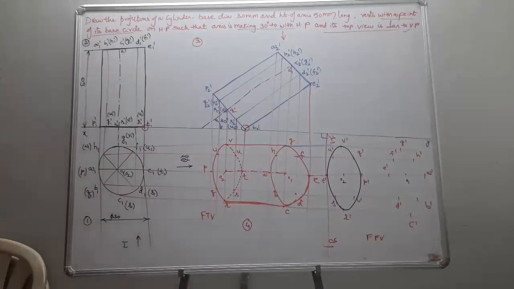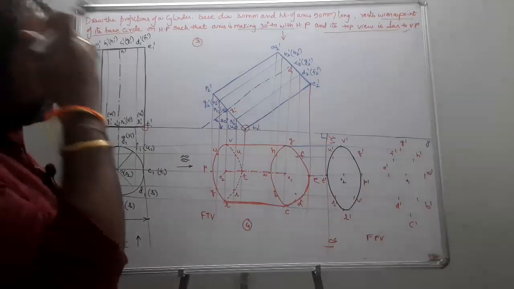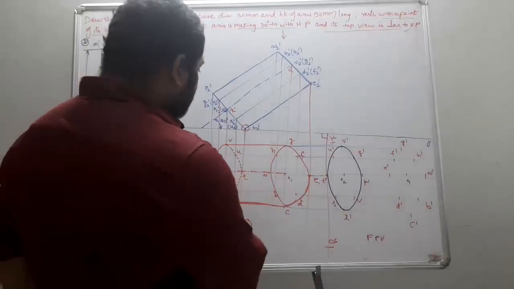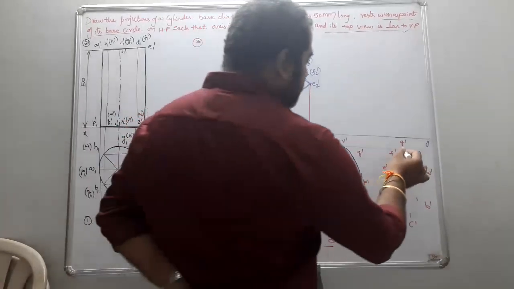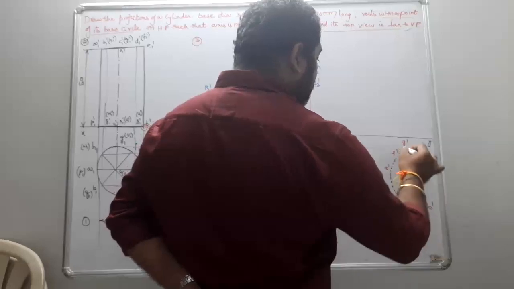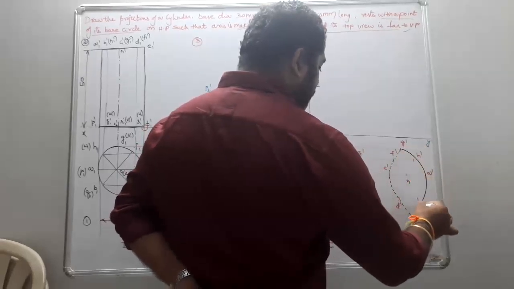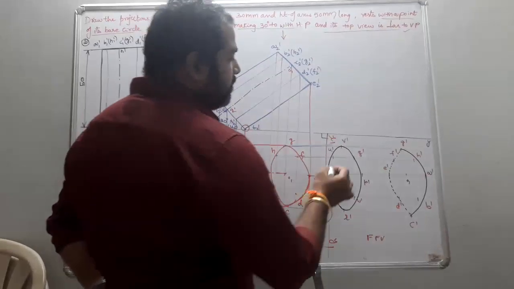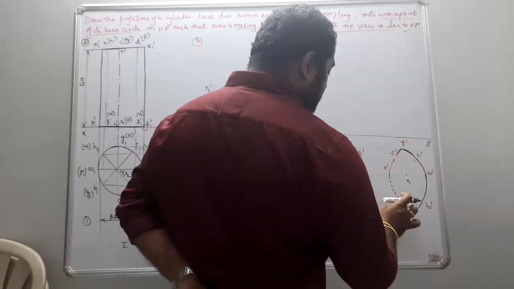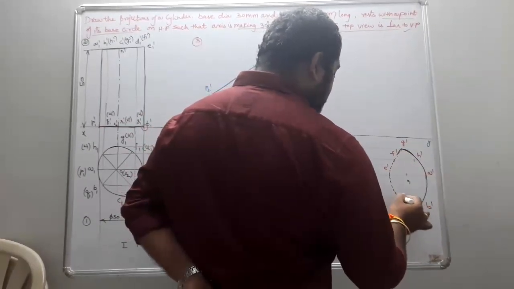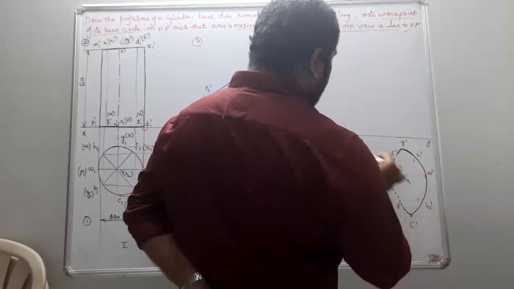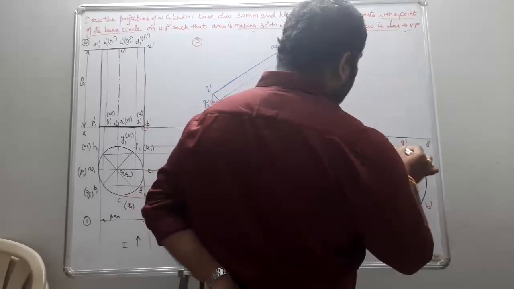And when you are supposed to see, the farthest point from the observer is E. Lines which are passing from E are going to be the dotted lines. And I am supposed to join only the end generators.